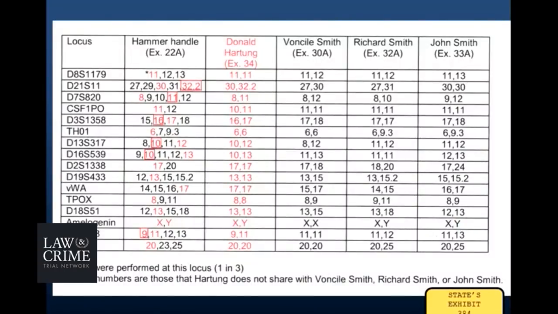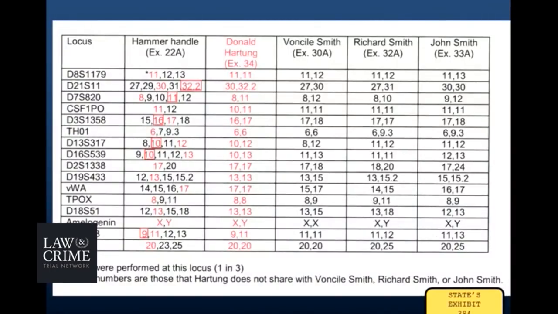I'm going to ask you some other questions, but since I came to that, I might as well ask you about State's Exhibit 384 while we're talking. On 384, look at D21S11, okay? Okay. What does that mean? That's just the name of the area of the DNA that we're talking about.